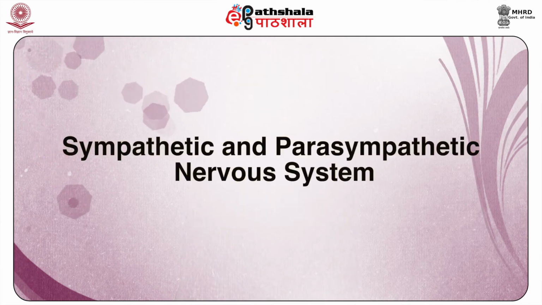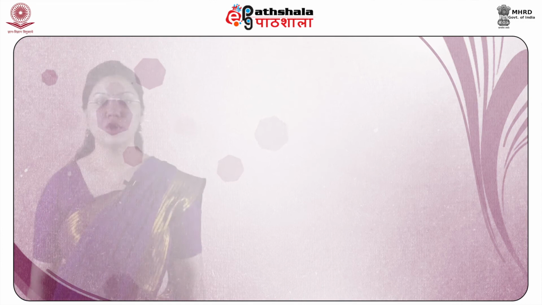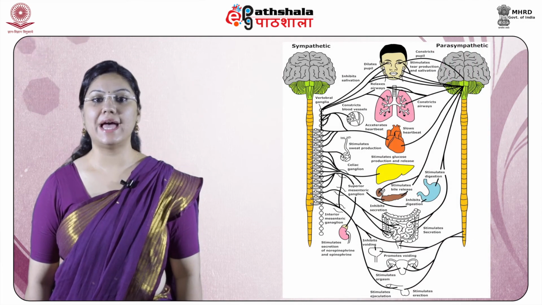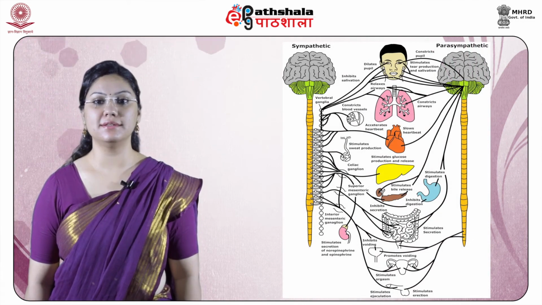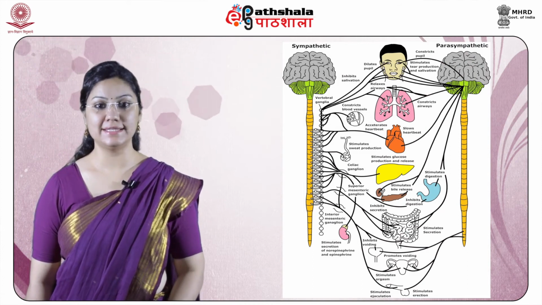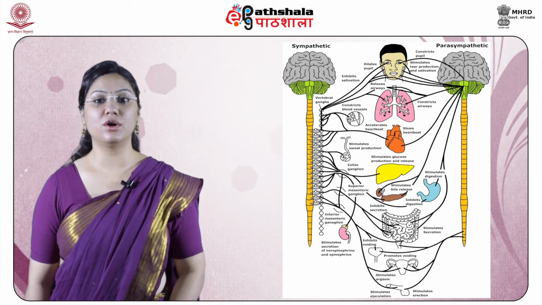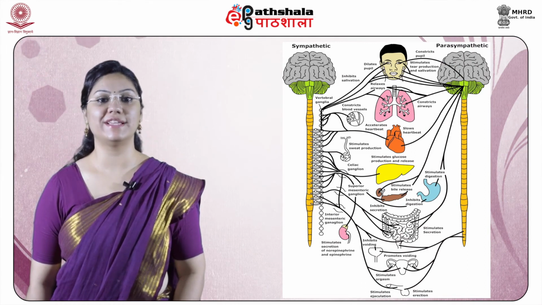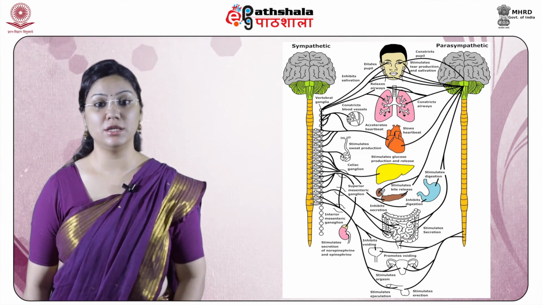Sympathetic and the parasympathetic nervous system. Both the SNS and the PNS are concerned with the smooth muscles of the viscera and the glands, but they play the complementary roles of excitation and inhibition.